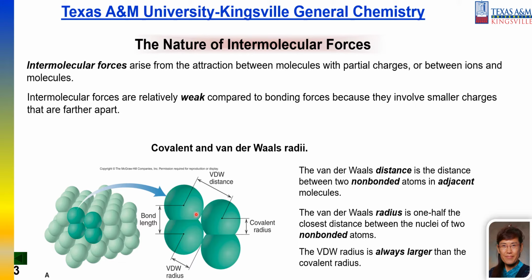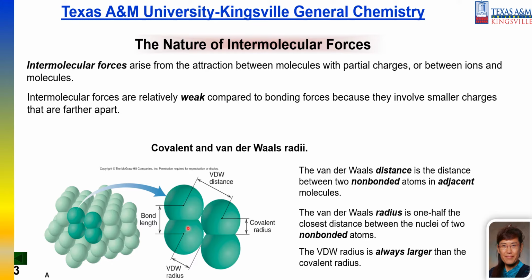The distance between these two nuclei is called the van der Waals distance. It is the distance between non-bonded atoms in adjacent molecules. These two molecules are neighbors, and have no bonds between them, whereas within a molecule two atoms form a bond by sharing electrons.